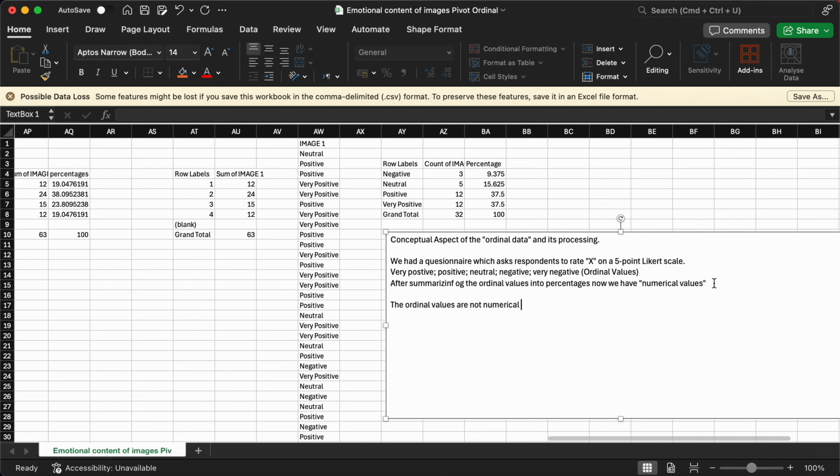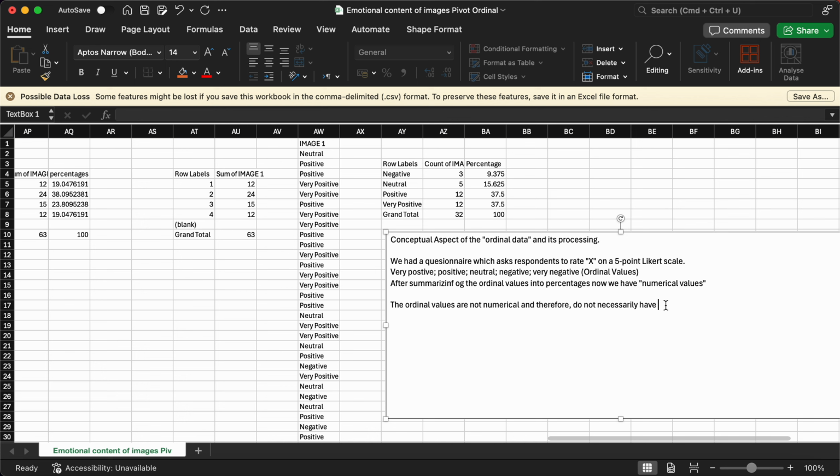are not numerical, and therefore do not necessarily have equal spacing.